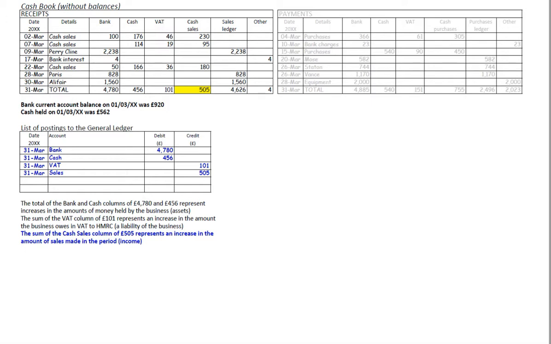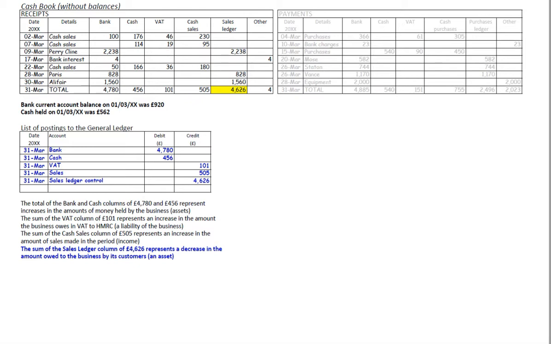It's reduced because the customers actually paid the amount that they owe. So that £4,626 is going to be credited to our sales ledger control account. It's a credit because it represents a fall in the value of the asset, being the amount of money that customers owe to the business.